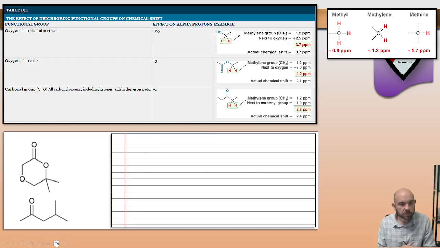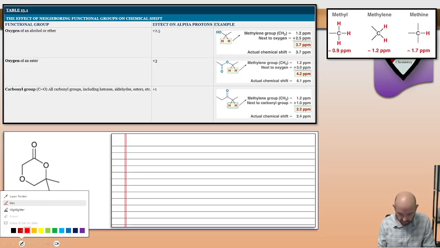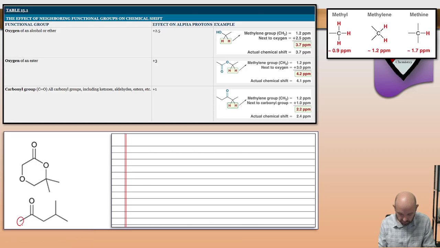Now moving on to the second molecule that we have down here, we have to go back a slide. We can see that there is a methyl set of protons here, a methylene set of protons there, a single proton there by himself, and a couple of methyl groups there.